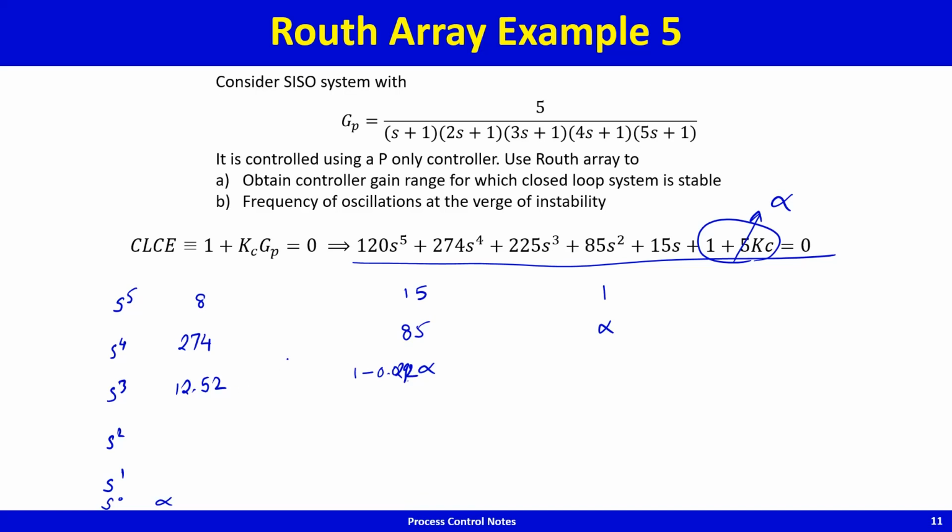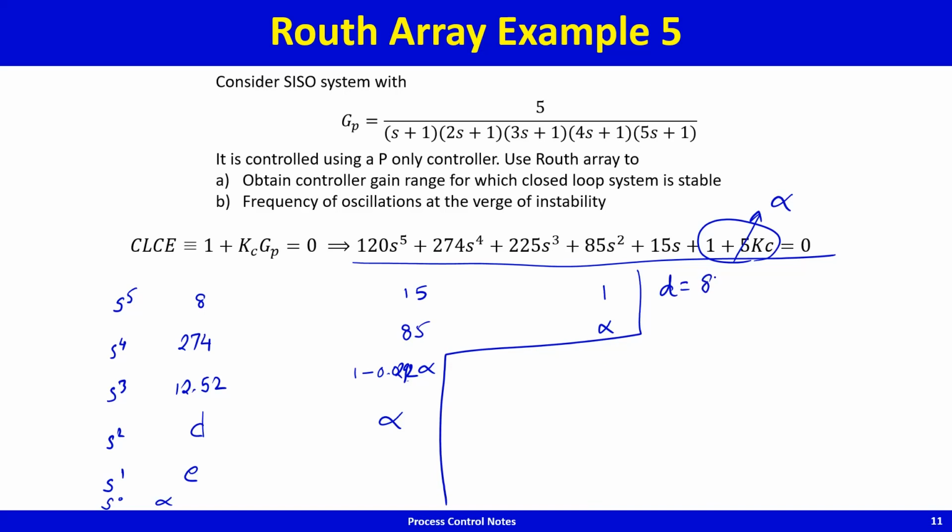This guy is going to be C, this times this guy is going to be simply alpha, and this guy I'll call D. Okay, and we'll call this E. So what is D going to be? D is going to be equal to 12.52 times 85 divided by 12.52.